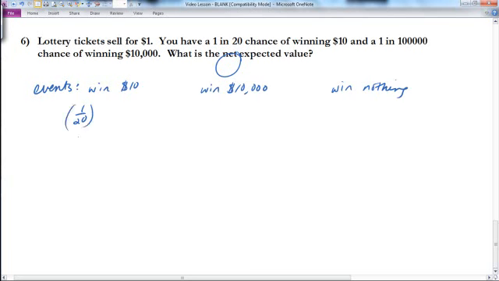The event of winning $10,000 has a 1 in 100,000 chance of winning. And then to figure out the chance of winning nothing, we have to take 1 and subtract 1/20th and subtract 1/100,000th.